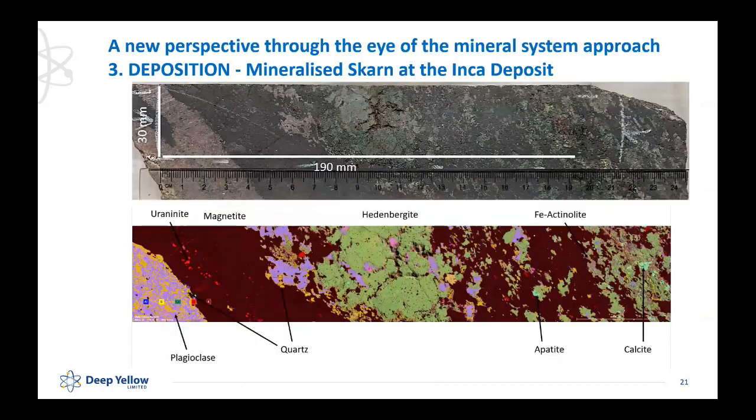So just to sum it up, we think there is no uranium-rich specific melt. What we think happened is the uranium was collated by the fluids in these magmas. They were percolating through this crystal mush, this solidifying liquid granite melt.